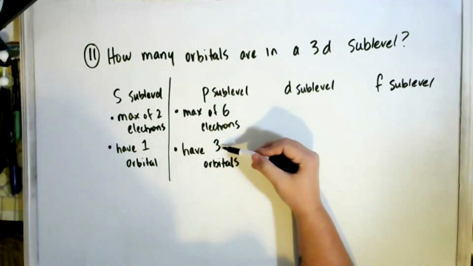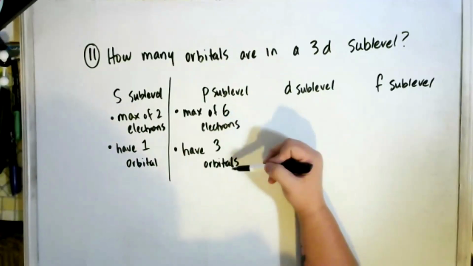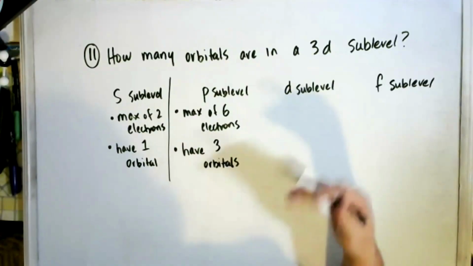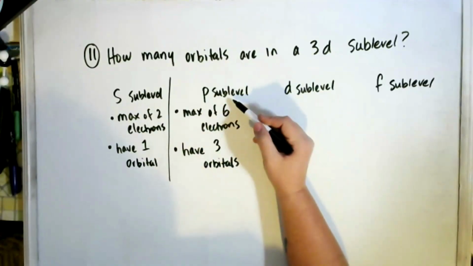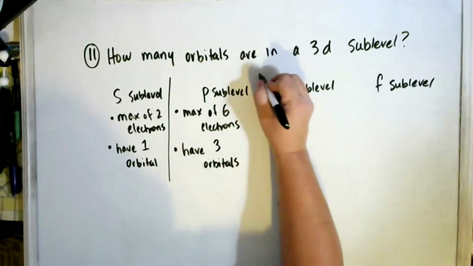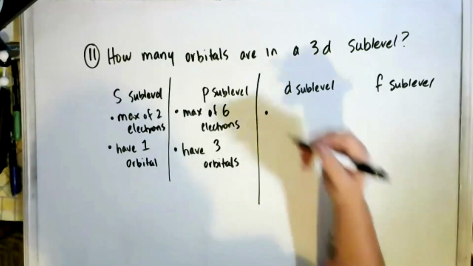Right? And each of these orbitals can hold 2 electrons. 2 times 3, 6 electrons total. And it doesn't matter which energy level your P sublevel is in, 2p, 3p, 4p. If it's a P sublevel, it has 3 orbitals. That's it.